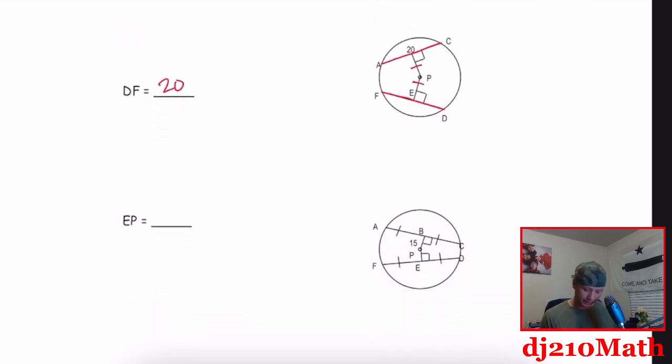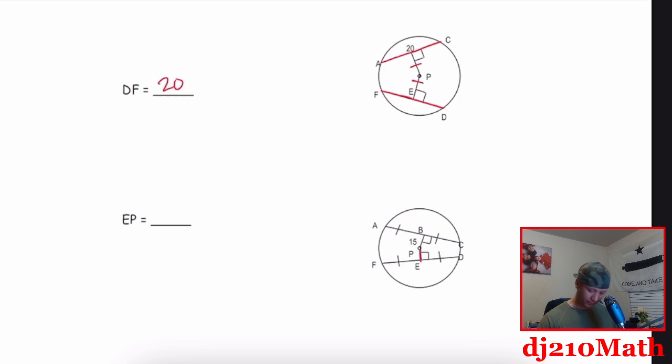EP. EP is the little line. So look, context clues, right? These are equal, these are equal. That means FD and AC are also equal. They meet at right angles.